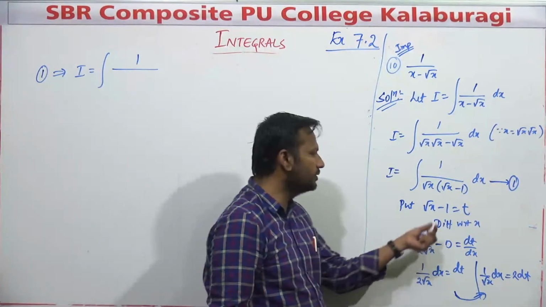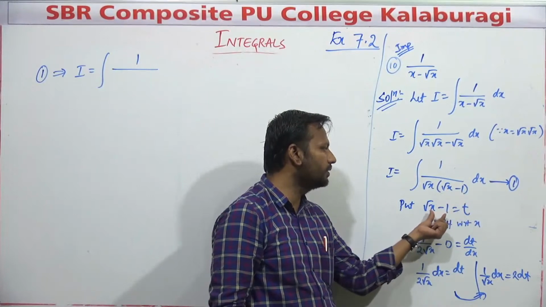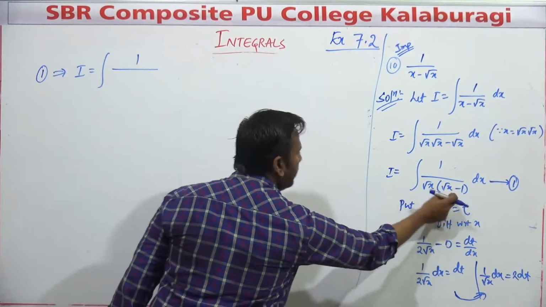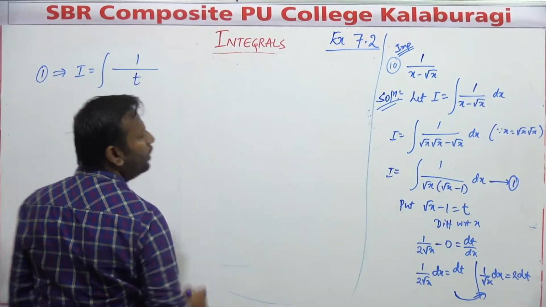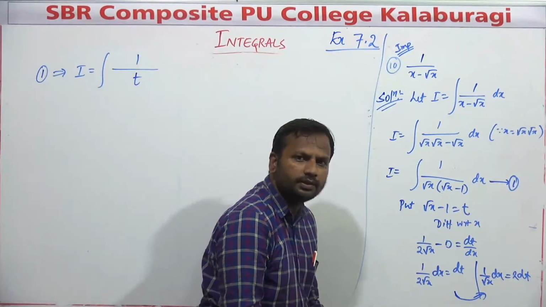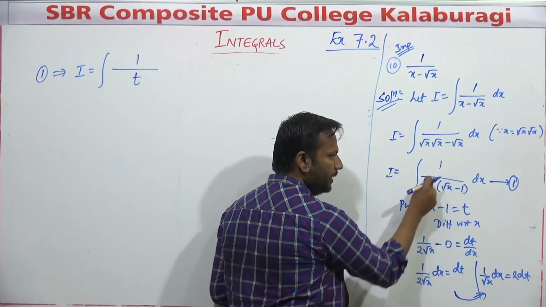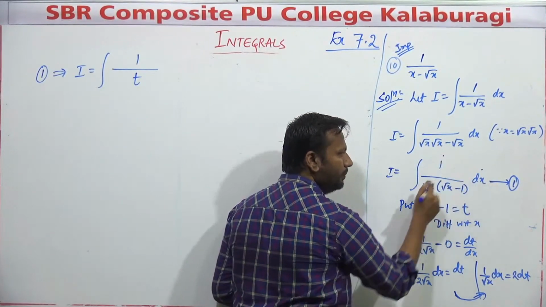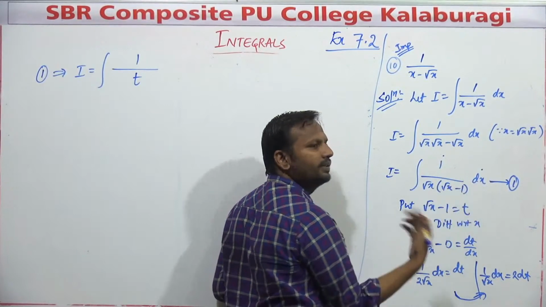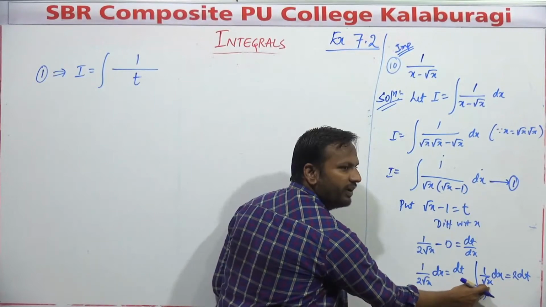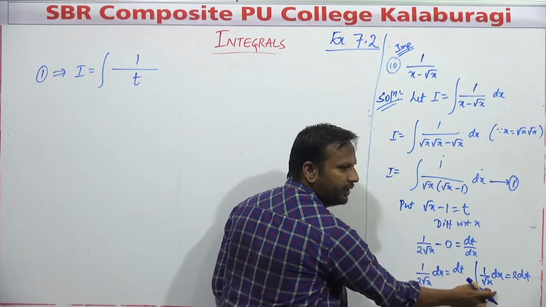So let us focus on the substitution. What we have substituted? Root x minus 1 we have substituted as t, write t. It is in the denominator, so I should write t in the denominator. So what are the terms left out here? The terms left out are 1 by root x and dx. Whether 1 by root x dx is the differentiable factor, yes, after this step I wrote this one.